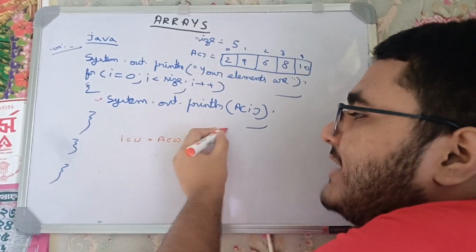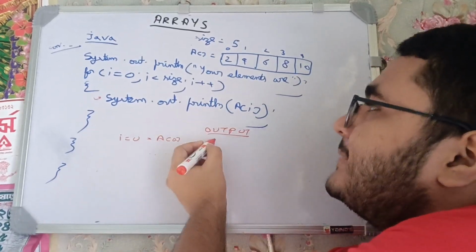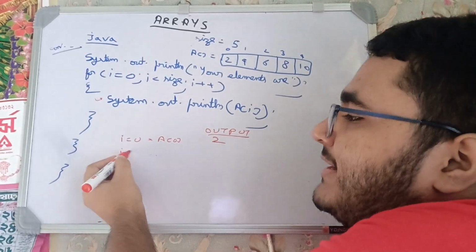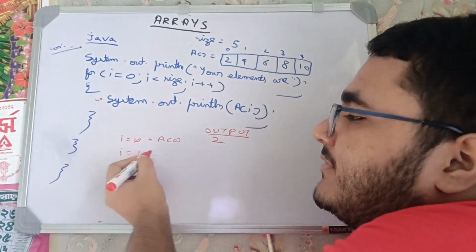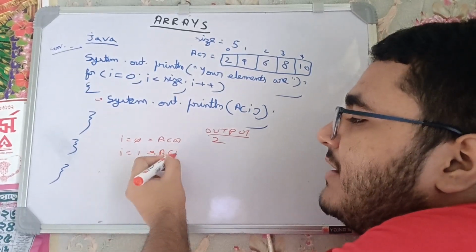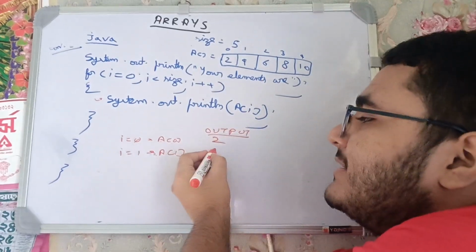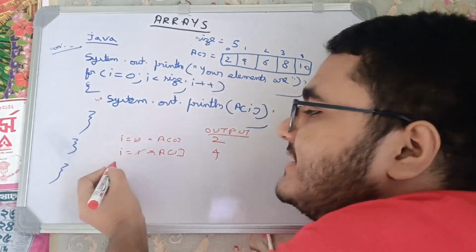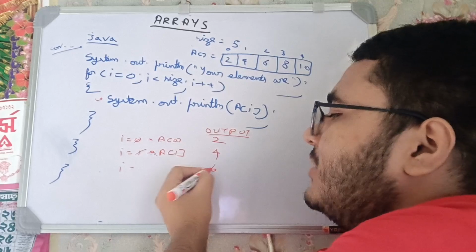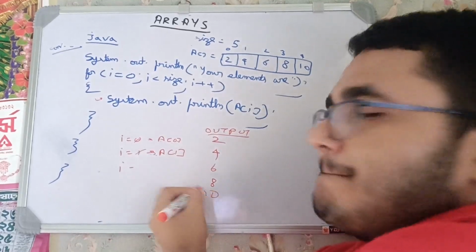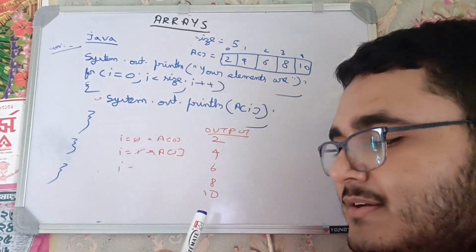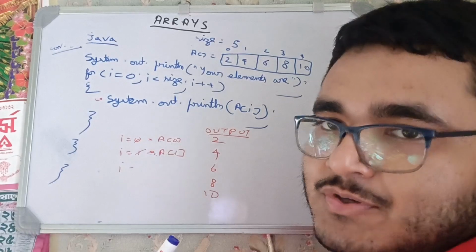So in the output it will print 2. Then when I is 1, it will have a of 1, System.out.println a of 1, 4, and in this way it will print all the values 2, 4, 6, 8, 10. This is how it is going to work.